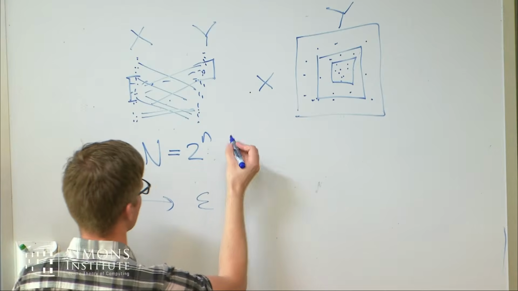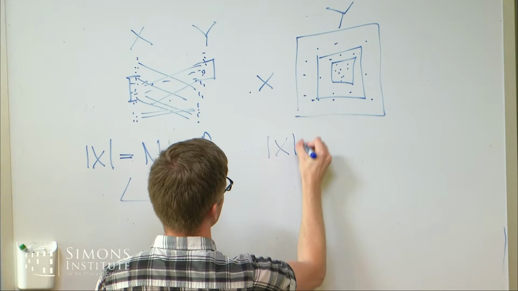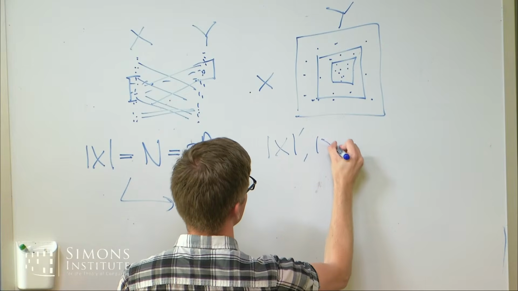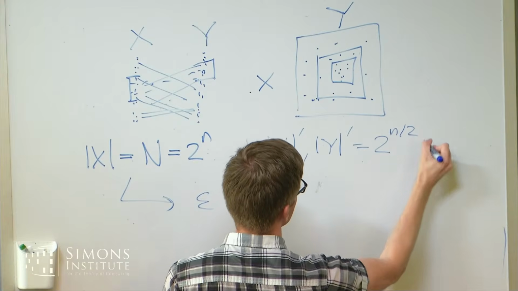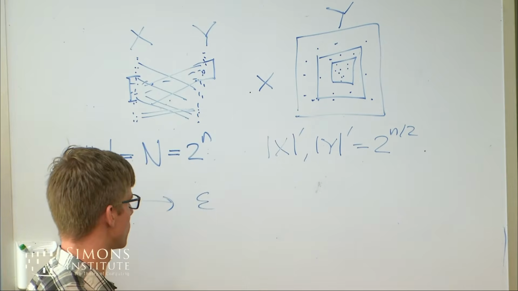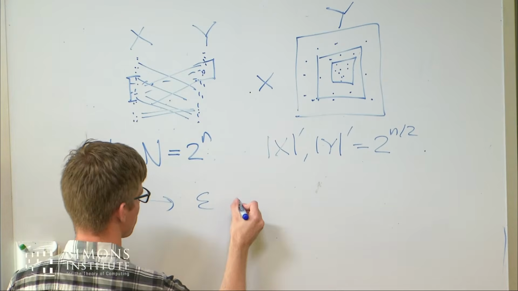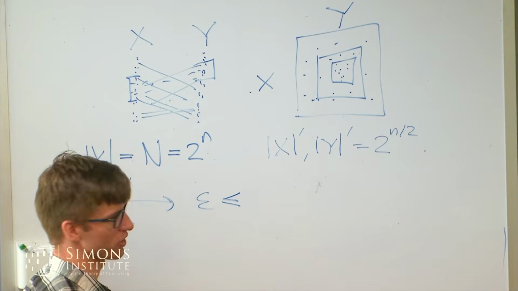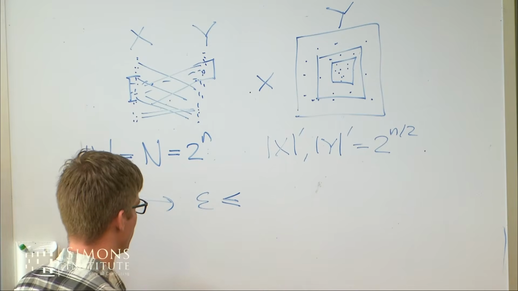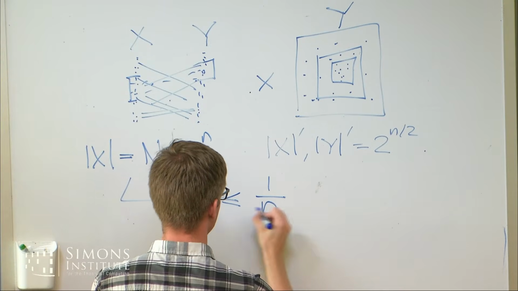So let's say we insist that this x prime, y prime were this size, which is a reasonable case to think about. Then this is the best thing that we can ask for. If we want the most pseudorandomness we can get out of a density increment argument, it's roughly like this.